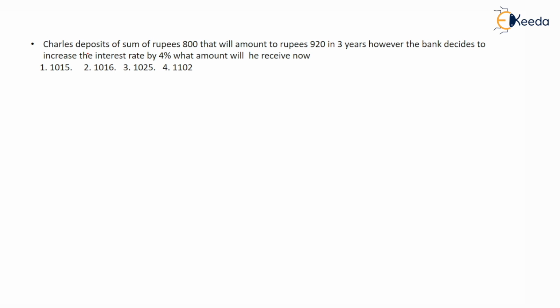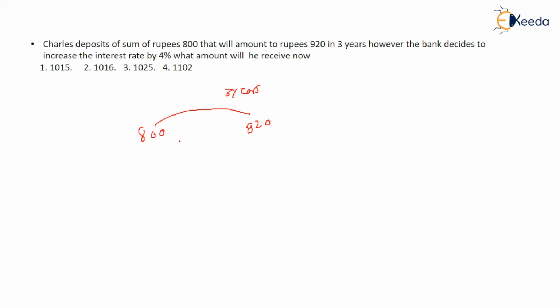So here is our question. Charles deposits a sum of rupees 800 that will amount to rupees 920 in 3 years. However, the bank decided to increase the interest rate by 4%. What amount will he receive now? A simple question. He invested 800, and this 800 becomes 920 in 3 years, right?